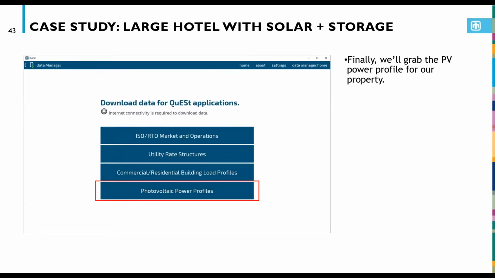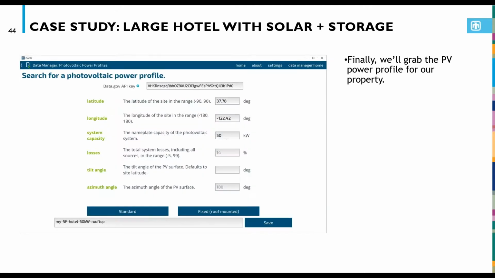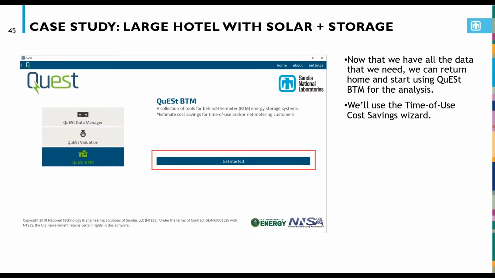Finally, we will need to download the PV power profile. In order to do that, we will need to enter the lat-long information, the PV system specifications, and also save the data. Once we are done with all the data setup, we will start using QuEST BTM for the analysis.